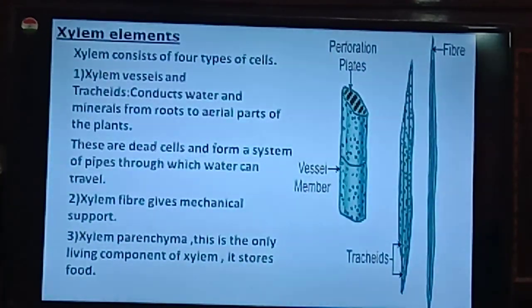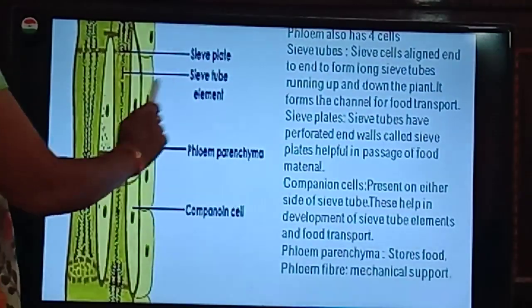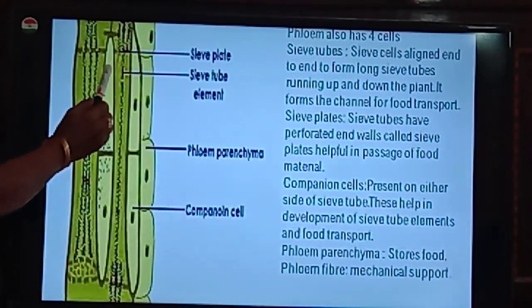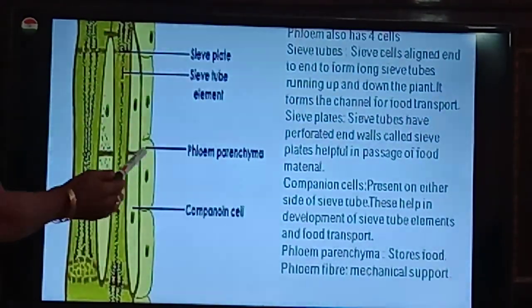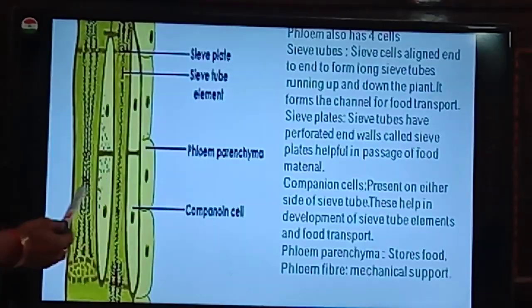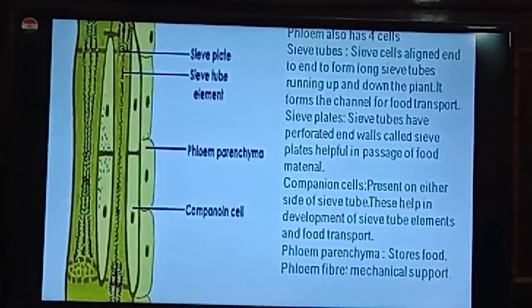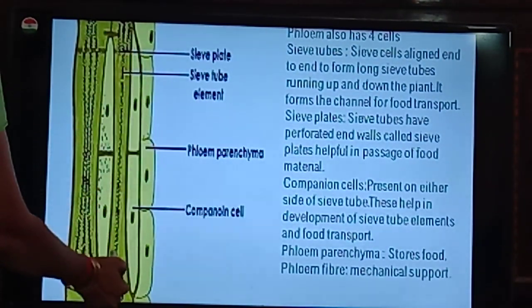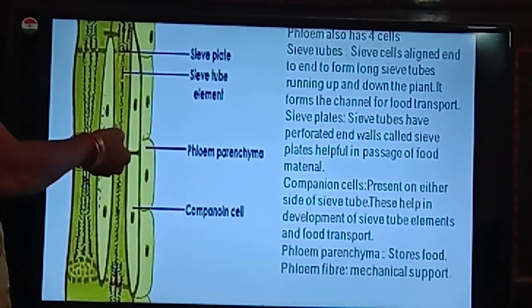This is about xylem. If you go with phloem, phloem also has 4 cells. What are they? Sieve tubes, companion cells, phloem parenchyma and phloem fiber. Here sieve tubes, you can see the long channel here which helps in easy transport of food.